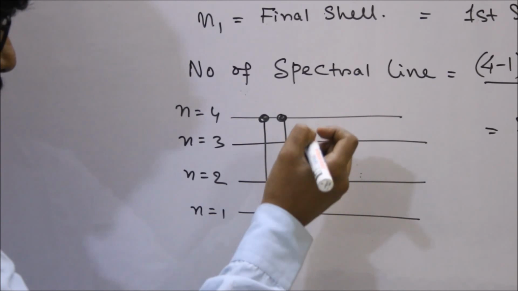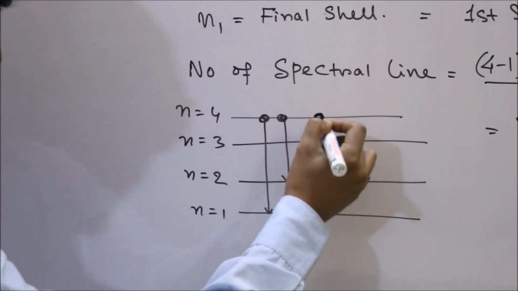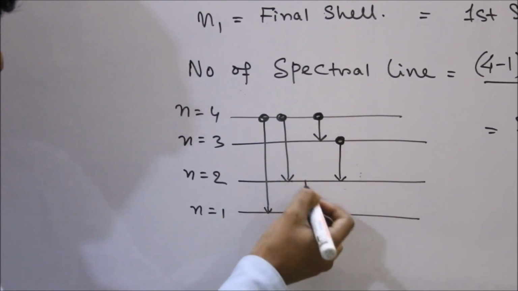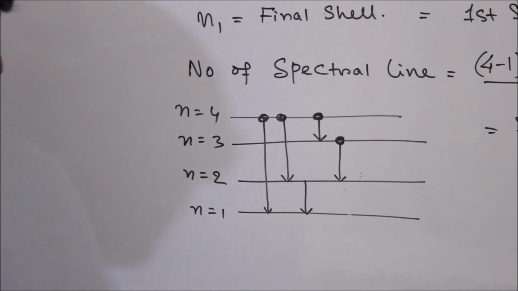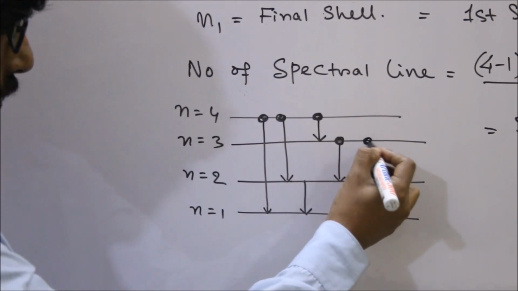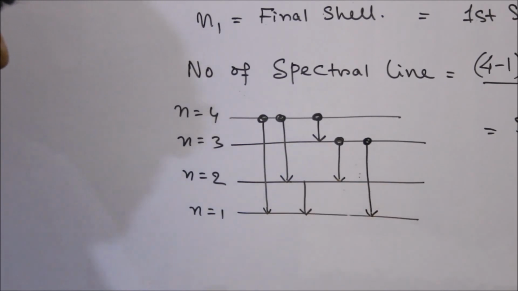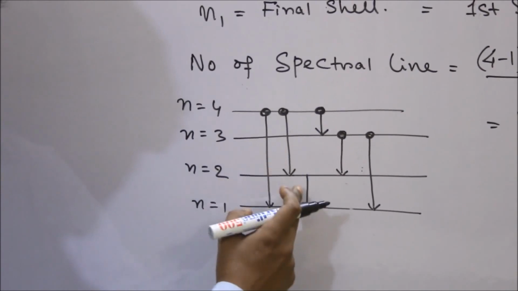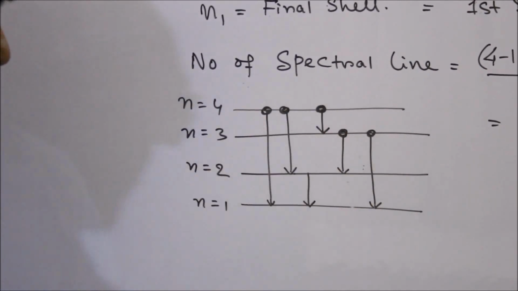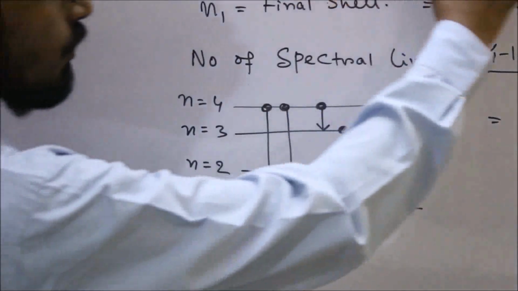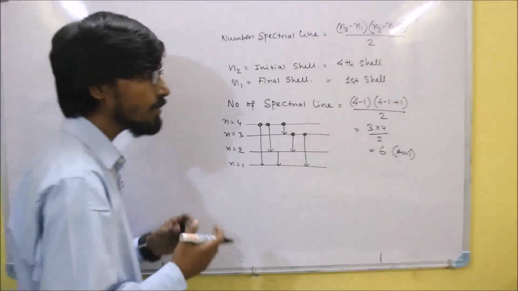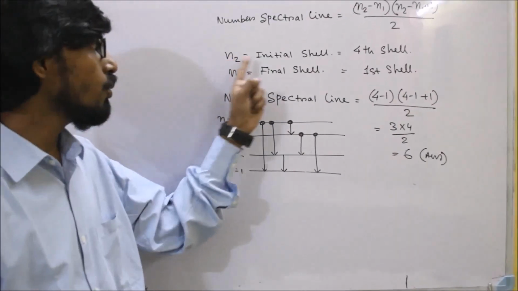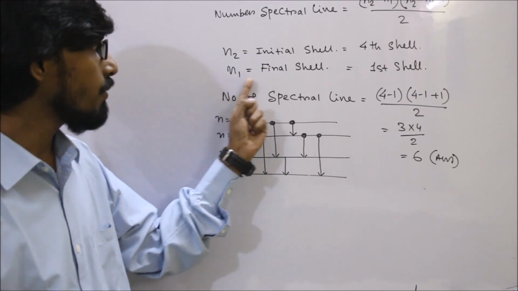Again electron jumps from fourth shell to the second shell, then second shell to first shell. Again electron jumps from third shell to the first shell. So the total number of spectral lines will be 1, 2, 3, 4, 5 and 6. Now using this formula we can easily calculate how many spectral lines will be observed when an electron jumps from n2, that is initial shell, to n1, that is final shell.